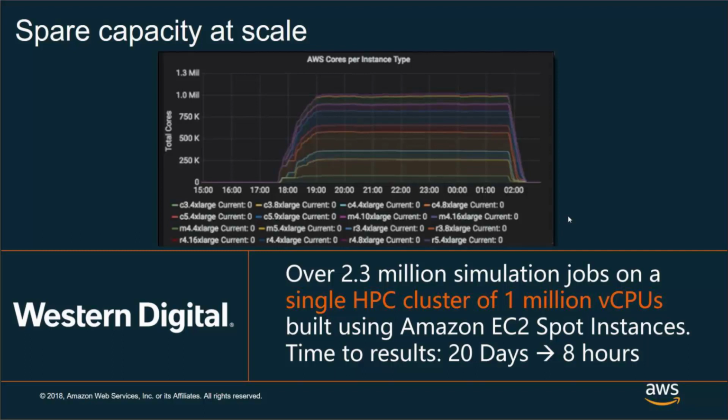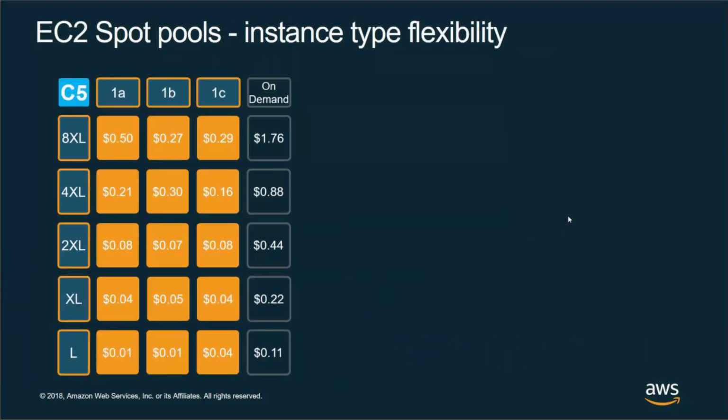And we're going to explain capacity pools in this next slide. If we look at a region that has a C5 in three availability zones in different sizes, this is just an example, so the prices and the t-shirt sizes aren't necessarily relevant. This is just an example of an instance family inside a region.